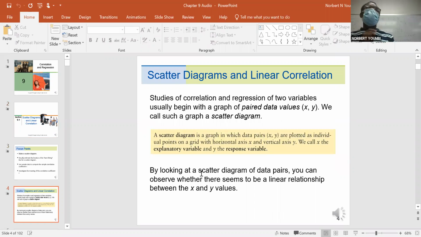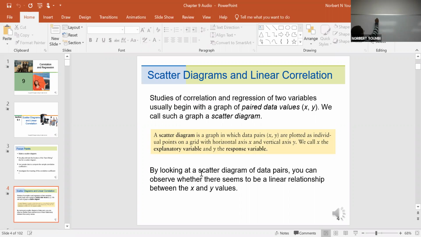So correlation studies the relationship between two variables or more. We call one the dependent variable and another the independent variable. Sometimes there is only one independent variable, and in that case, we speak of a simple correlation. In other cases, like we will see in section 9.4, there is more than one independent variable.